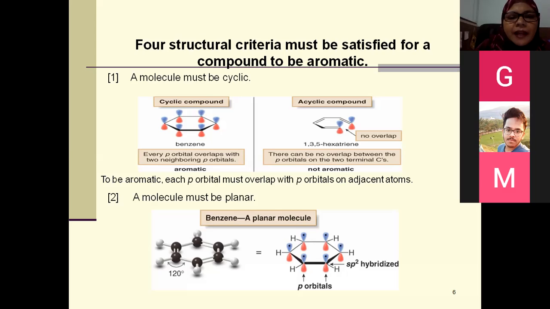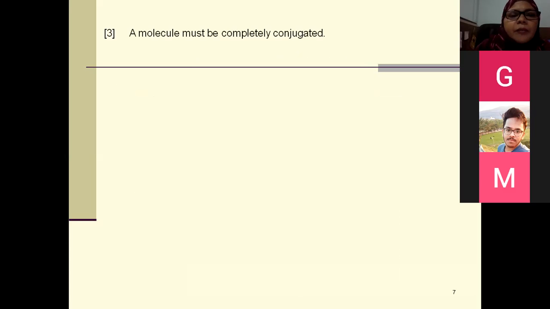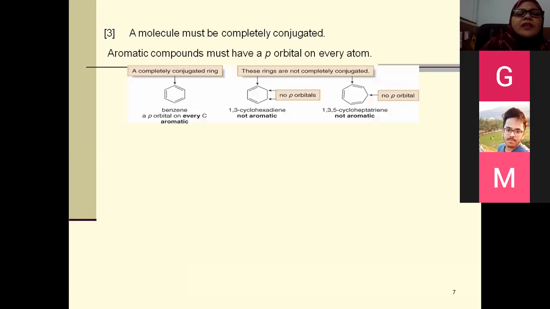Now we will see the third criteria. So first, of course, it must be cyclic, it must be a planar structure, and third is what? A molecule must be completely conjugated. I have already told you what we mean by conjugation. That means single and double bonds should be arranged in an alternate way. Here again I have taken the example of benzene because it's a simple example from which you can understand the things very clearly.